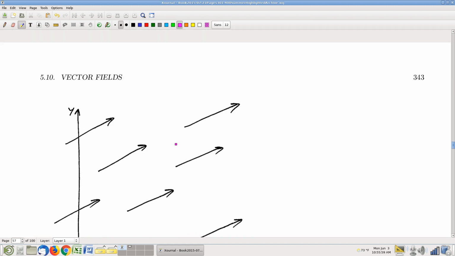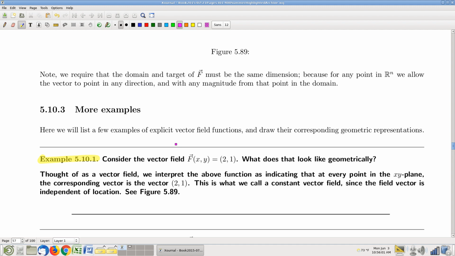Okay, so let's see some examples. Here is a function from R2 to R2. You'll notice two variables go in, two values come out. So R2 to R2. I want to think of this as a vector field. Wow, that's a change of variables function. Let's think of this as a vector field. What does this field look like? How do you, I'm going to say, plot these? By the way, be careful.